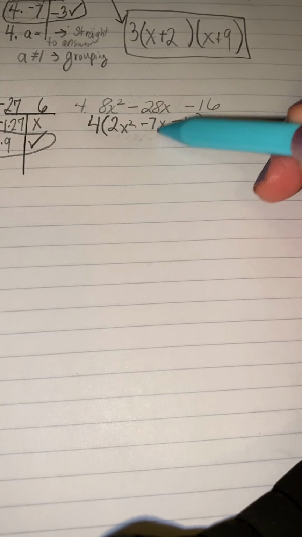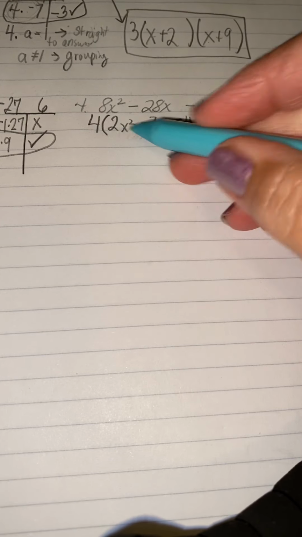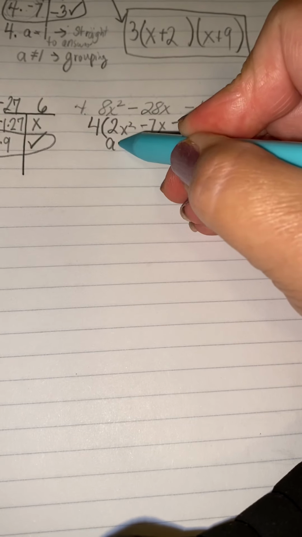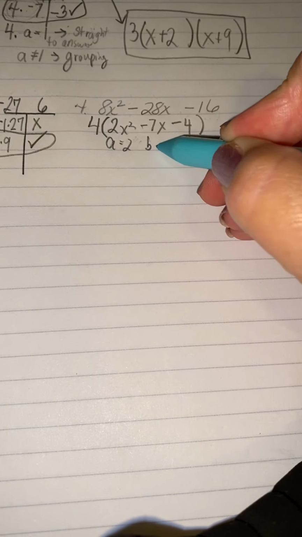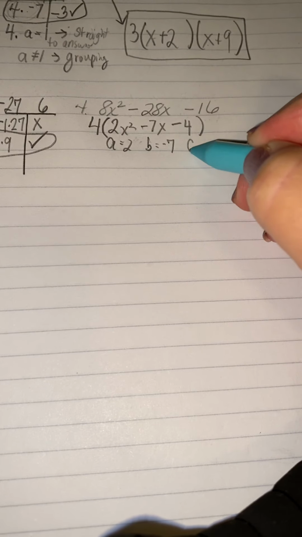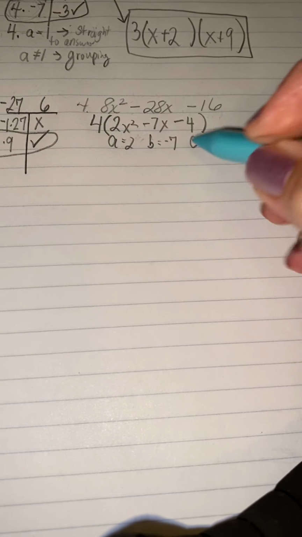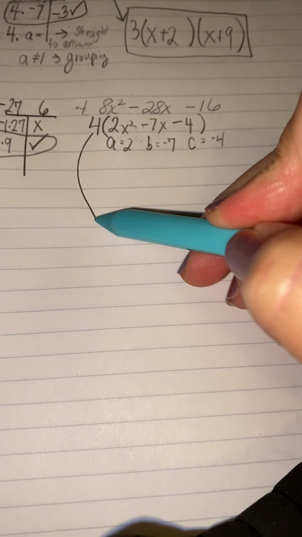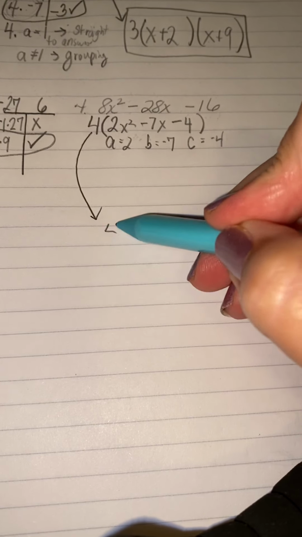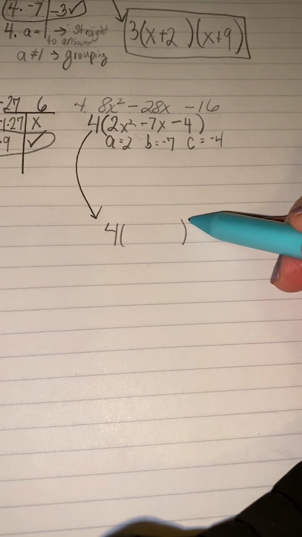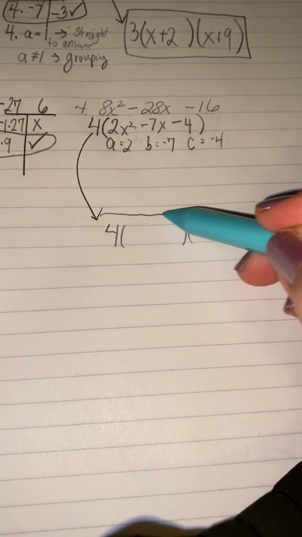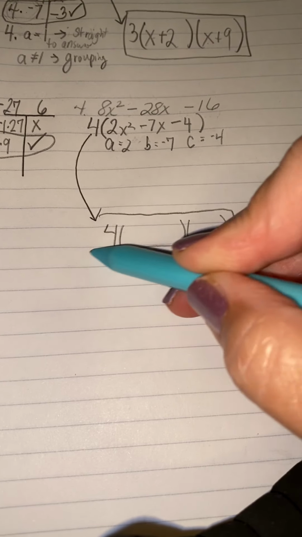8x squared, negative 28x, negative 16. Yes. Now, A is 2, B is negative 7, and C is negative 4. I'm going to bring down my 4, put it with my answer so I can forget about it. So here's where my answer is going to be.